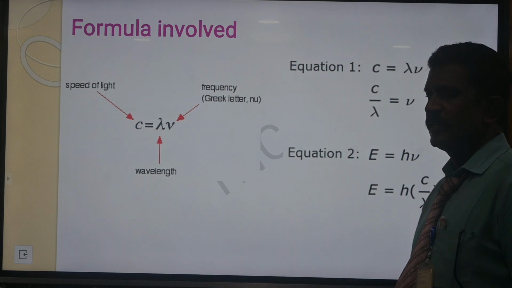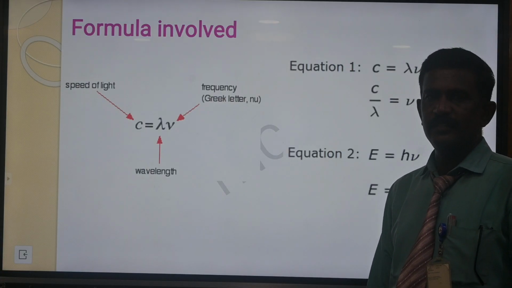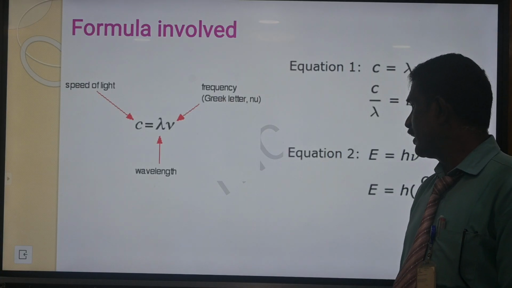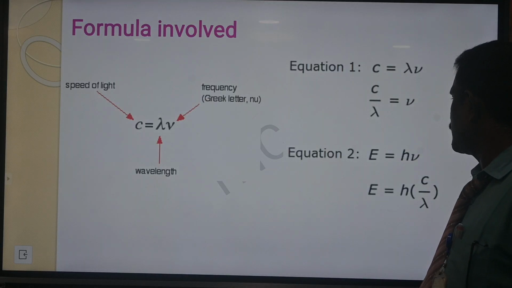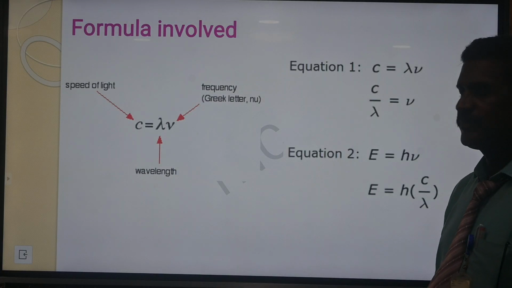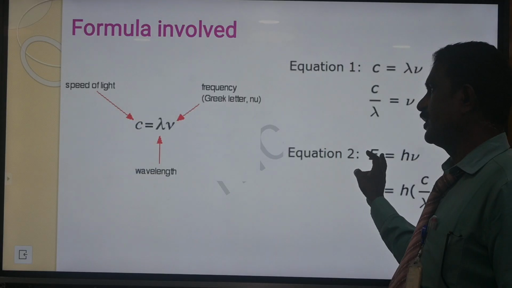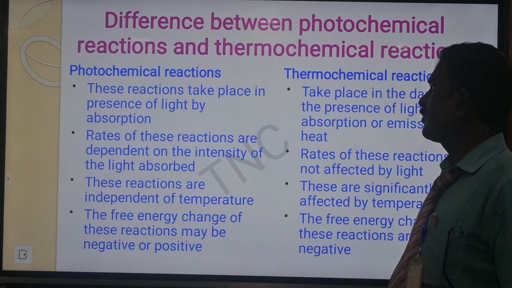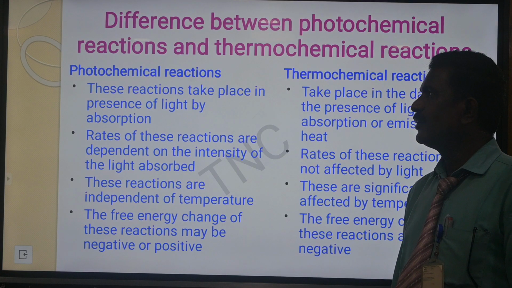Upon seeing the relation between energy versus frequency and wavelength, we can get some idea of how the energy is related with frequency as well as wavelength. So energy is directly related with frequency, whereas in case of wavelength it is inversely related. Now with this basic information, let's move to the next topic.